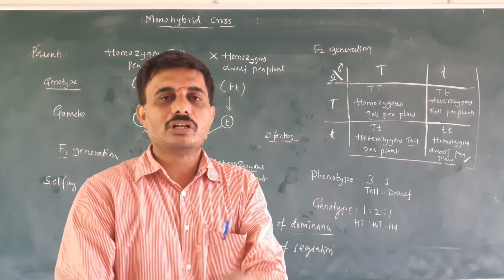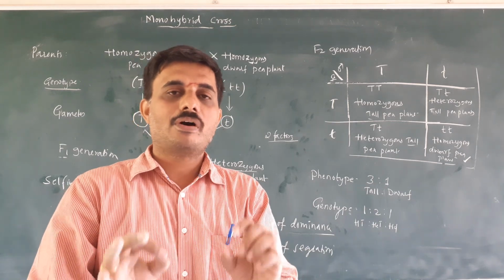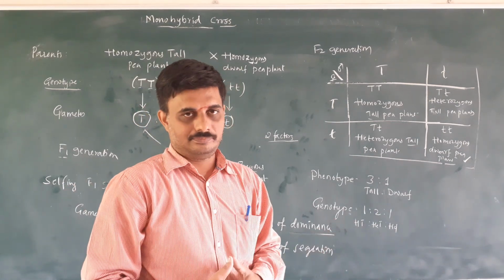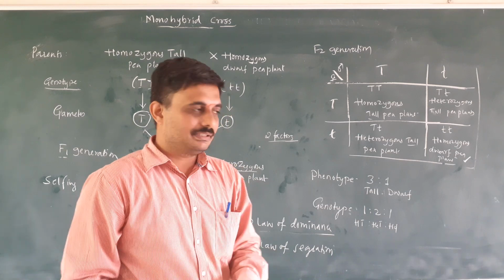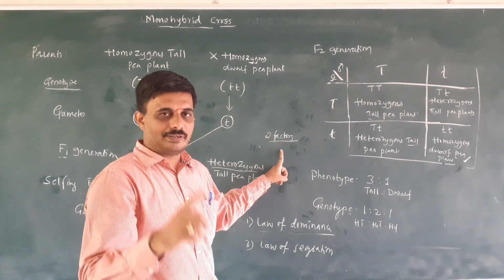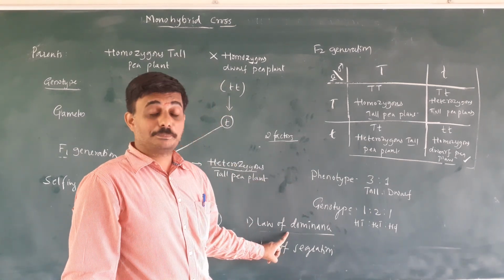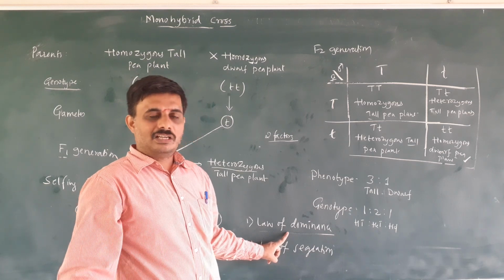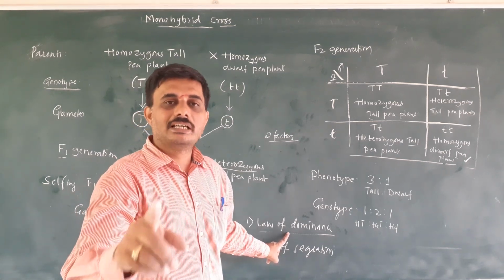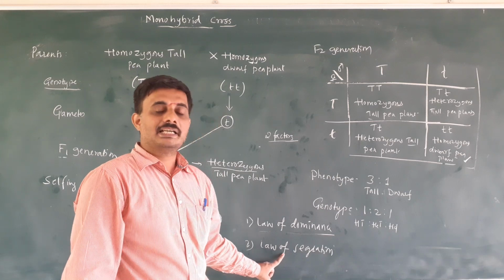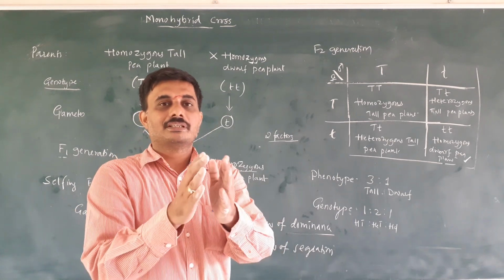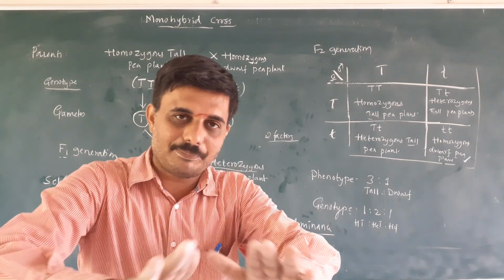It is called the law of purity of gametes or law of segregation. It says there are two factors responsible for a character; the one expressed is called dominant, the one not expressed is called recessive, and during gamete formation the factors get separated.